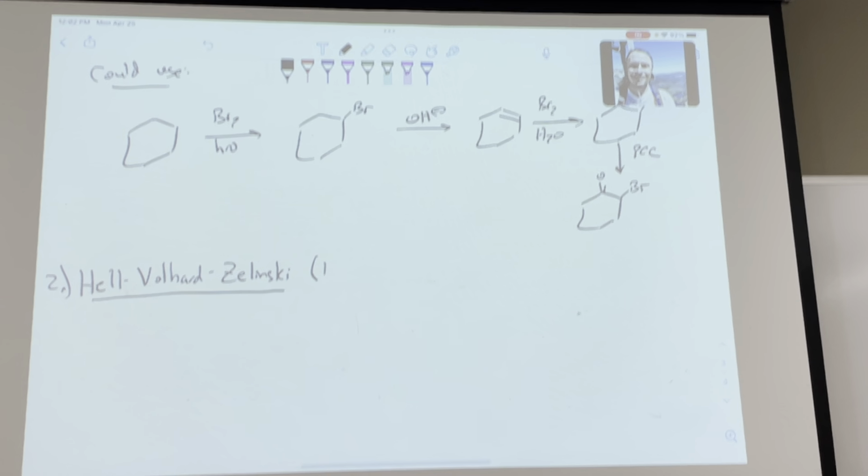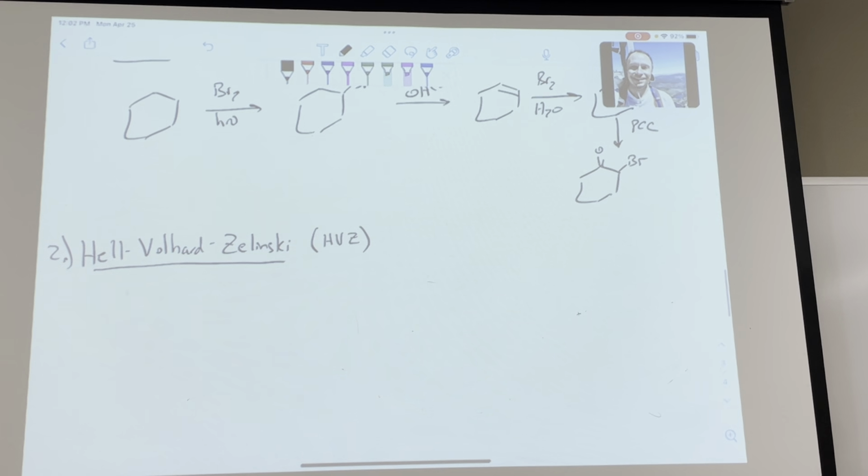Most of the time, people just abbreviate this as HVZ. But what Hell-Volhard-Zelinsky does is it takes a carboxylic acid and treats it with a handful of things: phosphorus tribromide, the molecular halogen, and then water.